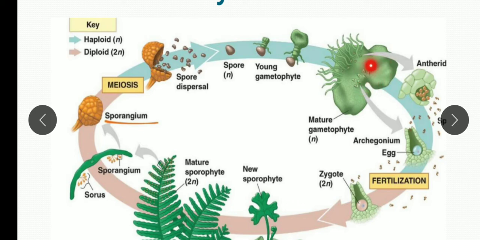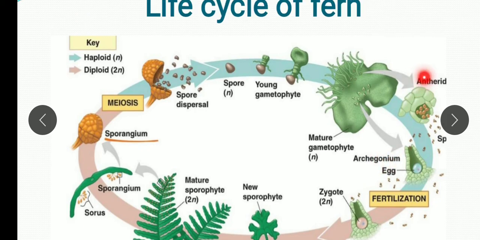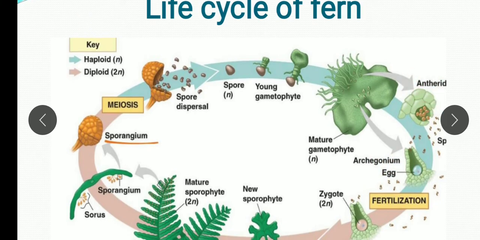This gametophyte, being haploid, produces male and female sex organs. The male sex organ is the antheridium, and the female is known as the archegonium. The male sex organs produce the male gametes.